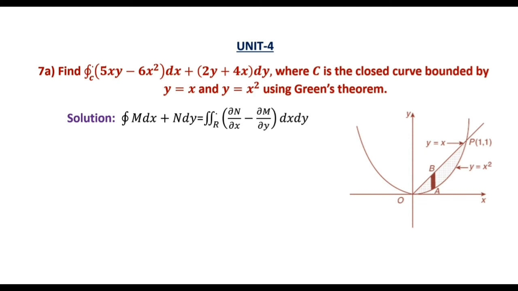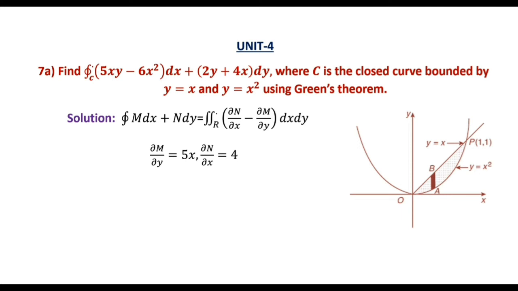Now you can see the statement of Green's theorem: integral over c, where c is a closed curve, m dx plus n dy is equal to the double integral over the region of dou n by dou x minus dou m by dou y dx dy, where m and n are continuous functions whose first order partial derivatives exist.